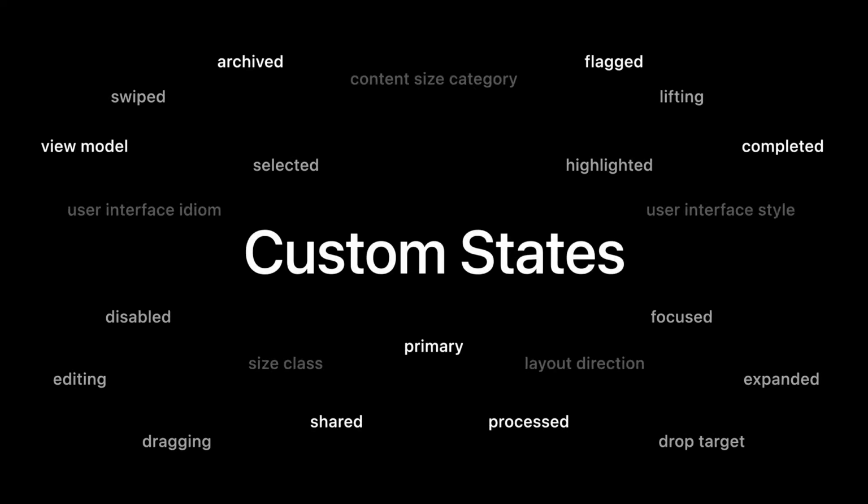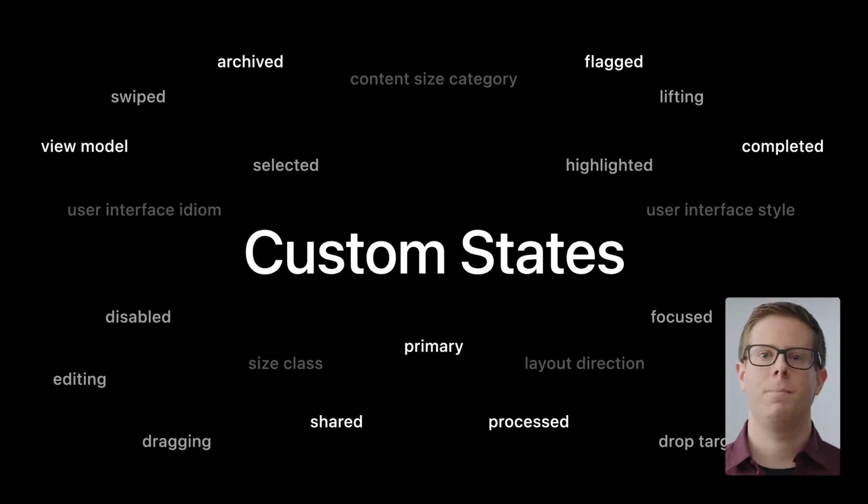These are all of the different pieces of state that you use which are specific to your app and its domain. For example, when configuring cells, a messaging app might need to know whether a message is archived or flagged, and a payment app might show which transactions are processed. If you use a view model to populate your cells with content, you can also think of that view model as a custom state as well.